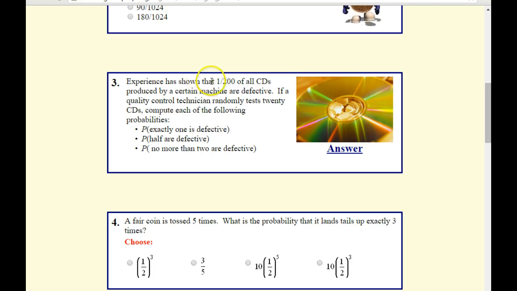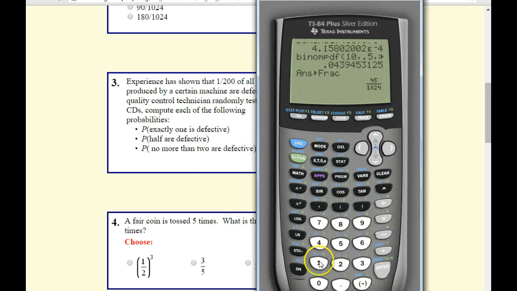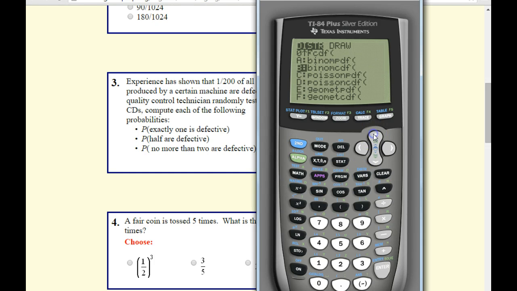Okay. Experience has shown that 1/200th, is everybody listening? 1/200th of all CDs produced by a certain machine are defective. If a quality control technician randomly tests 20 CDs, compute each of the following probabilities. Exactly one is defective. PDF or CDF? Exactly tells us that it is PDF.